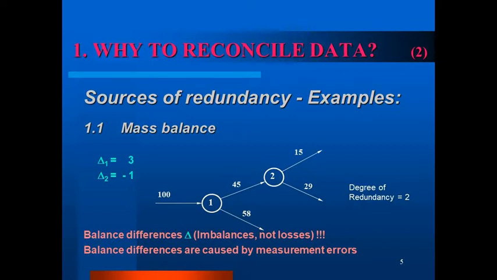We suppose that the system is perfectly tight and these balance differences are caused by measurement errors. In this example, there exist two flow rates which could be calculated from the two balance equations around the individual nodes. We say that such a system has 2 degrees of redundancy.